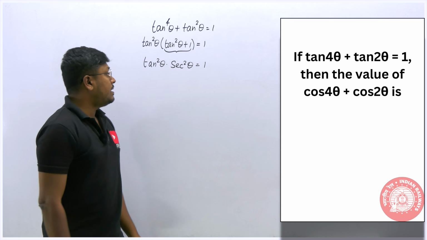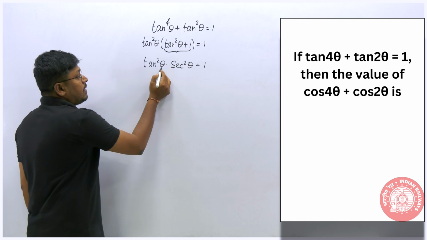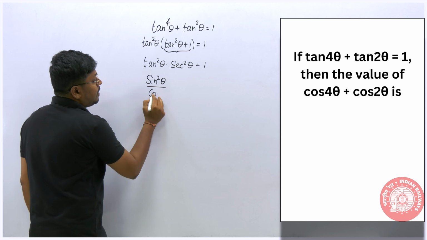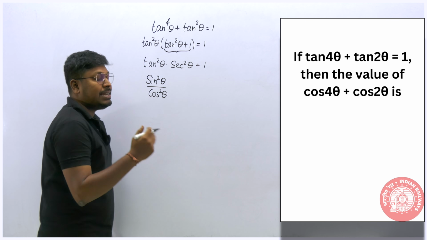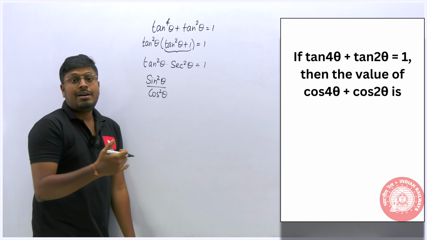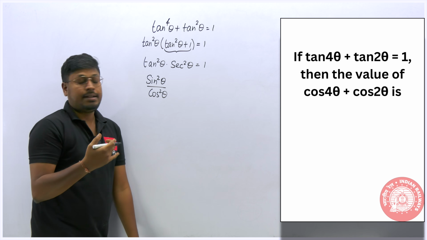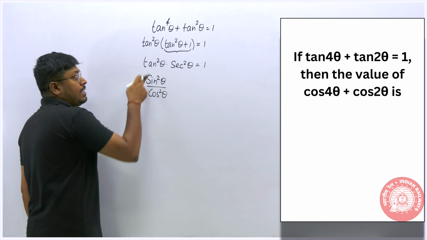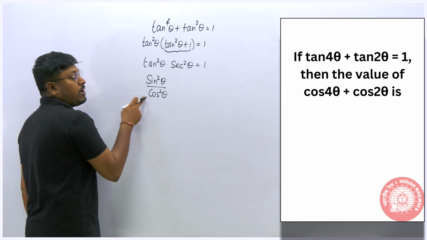Now tan square theta can be written as sin square theta divided by cos square theta. Just now I told you tan theta will be sin theta by cos theta, cot theta will be cos theta by sin theta. Here they have given tan theta, and tan theta is sin theta by cos theta, and here it is tan square, so sin square by cos square.